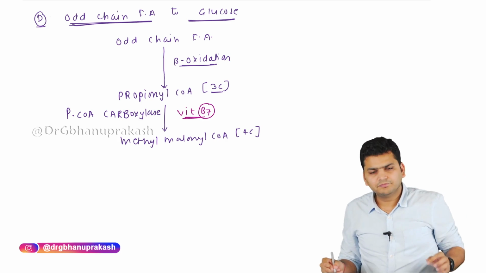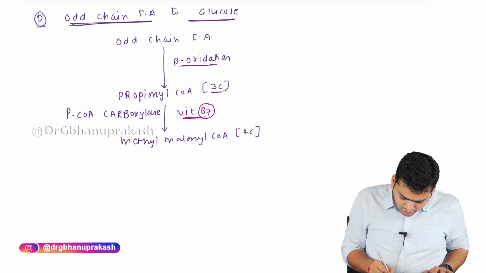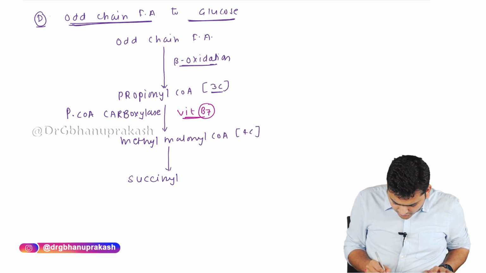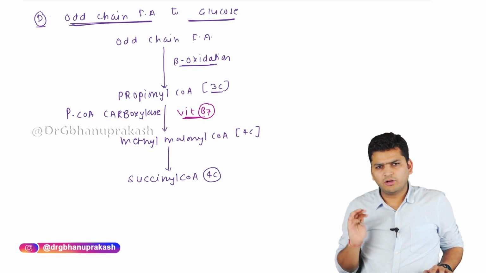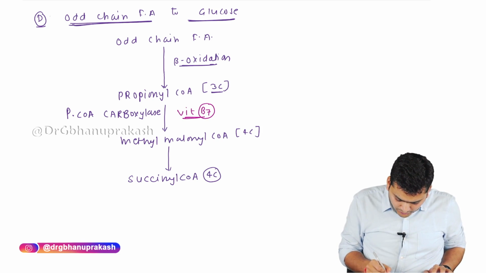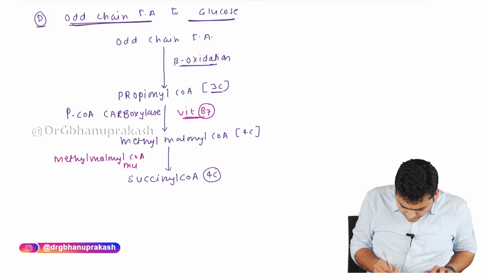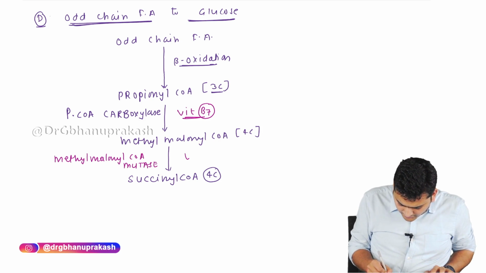Then this methylmalonyl CoA can convert into succinyl CoA, which is a 4-carbon molecule. The name of the enzyme is methylmalonyl CoA mutase, and we require vitamin B12 for this.